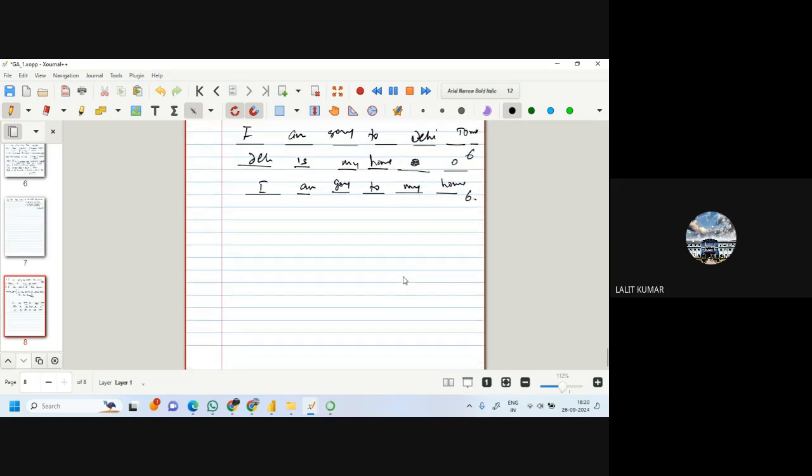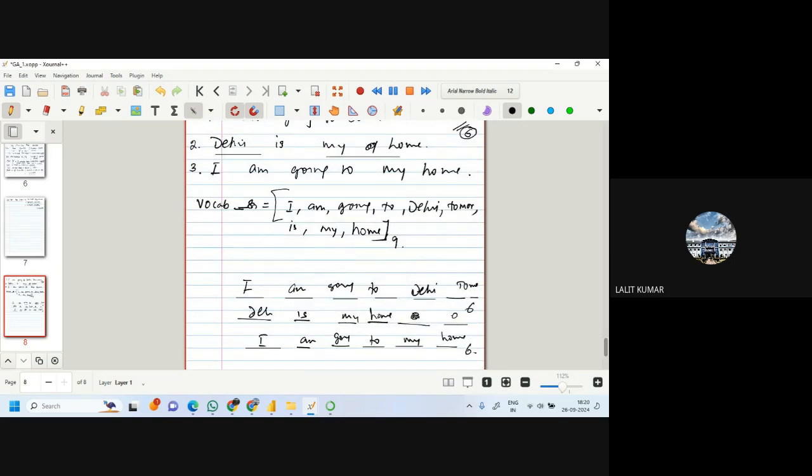So how do we build the token IDs? The vocabulary is this: I, am, going, and so on. I give some numbers to them, starting from 0, 1, 2, 3, 4, 5, 6, 7, and 8.